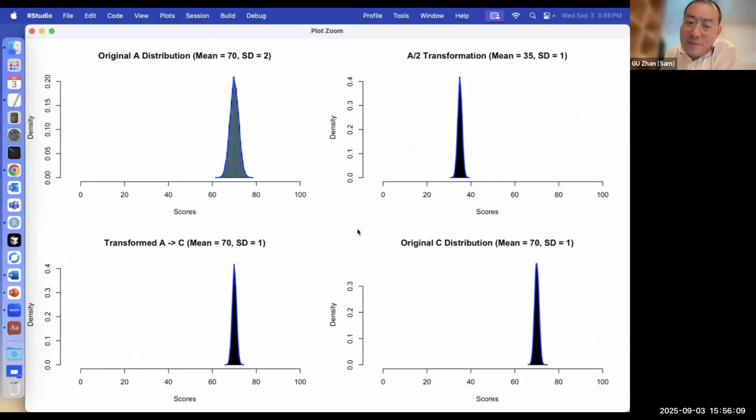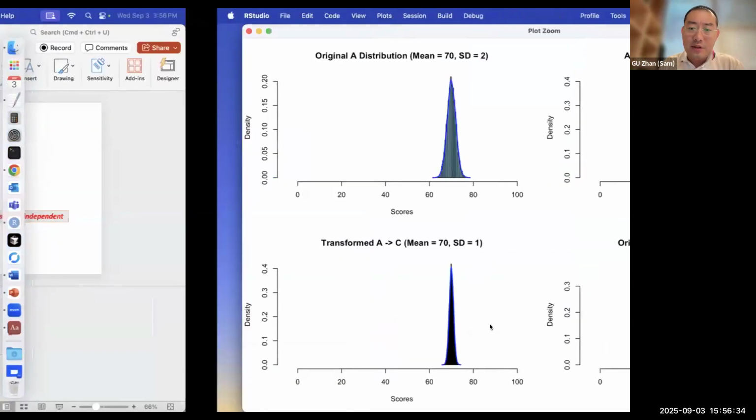Now we want to change it back to 70, right? So mean 70. So to move from this chart to this chart, what do we do? Plus 35 marks, right? Plus 35 marks will move to here. And this transformed A distribution will be the same as the original C distribution: mean value 70, standard deviation of 1. So this is what is being mentioned here.